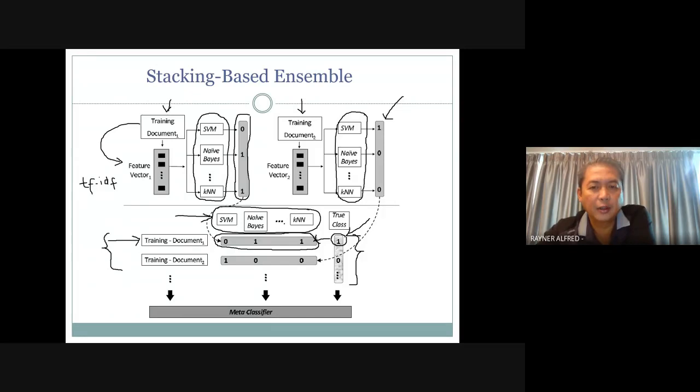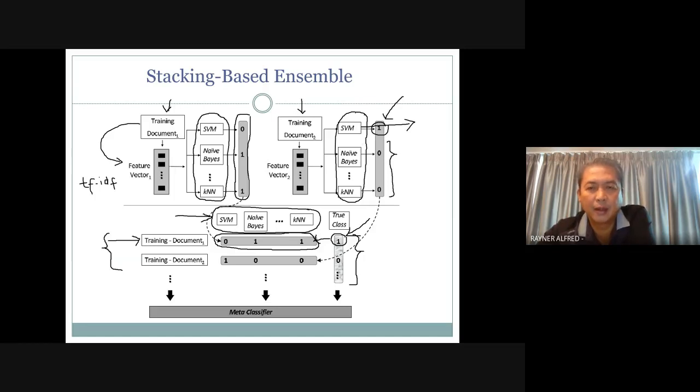Okay, majority of the class labels produced by all your classifiers here. This is a good way for you to correct the incorrect result. For example, we know that the support vector machine here will give you 1, but the rest of the classifiers here will give you 0. So this compensates for the classifier that gives the wrong class label.